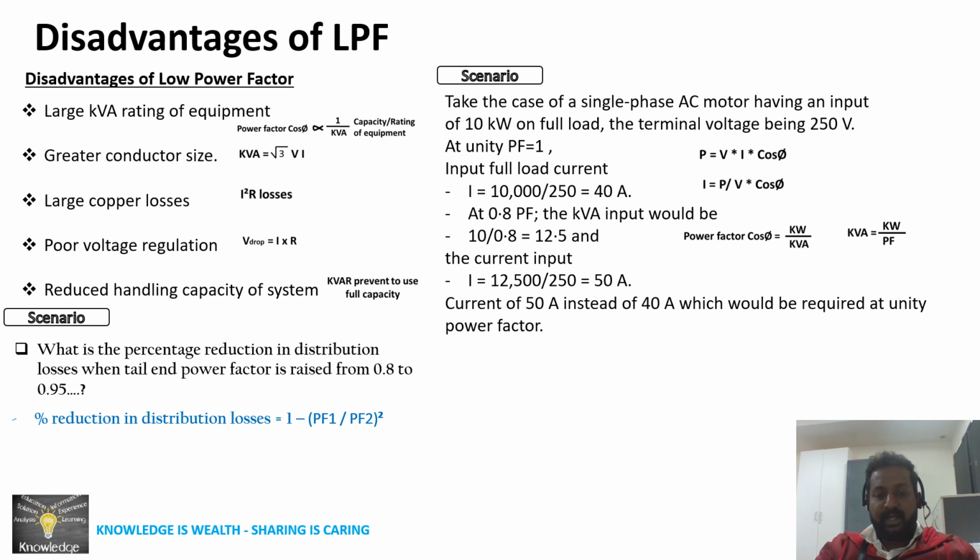If you improve to 0.95, power factor 2 is 0.95. That is 1 minus 0.8 divided by 0.95, whole square. So that is 0.29, 29%. If we improve our power factor from 0.8 to 0.95, 29% of our transmission and distribution losses can be saved.